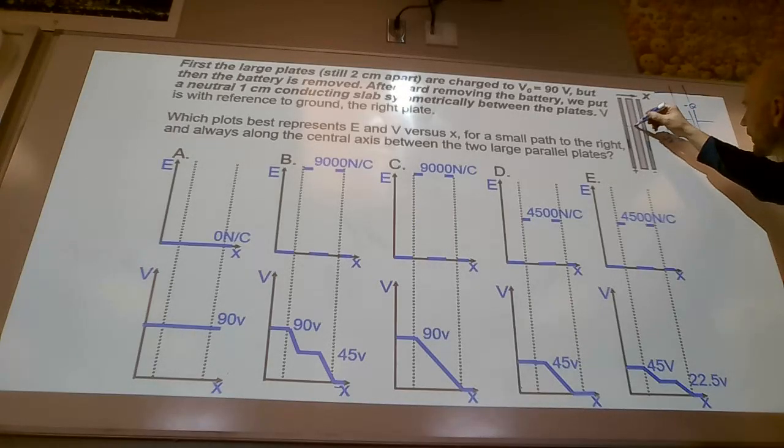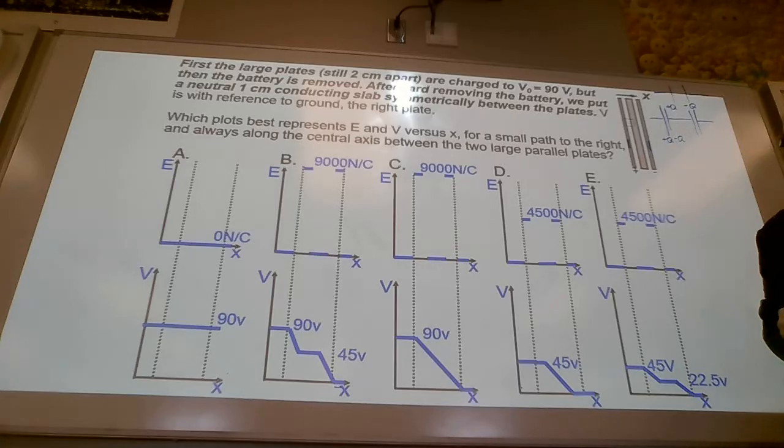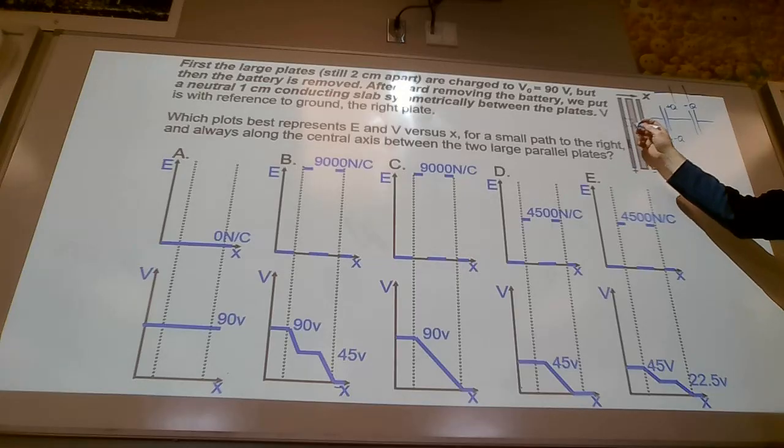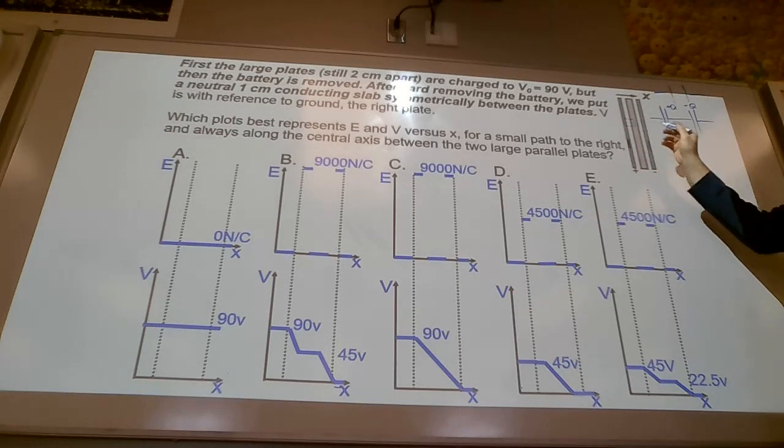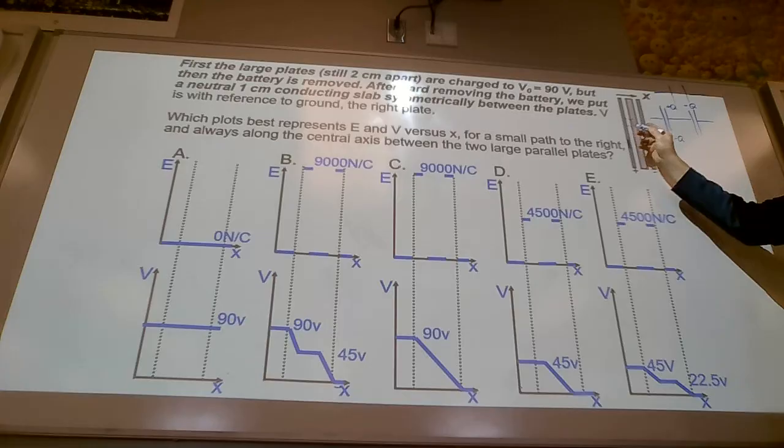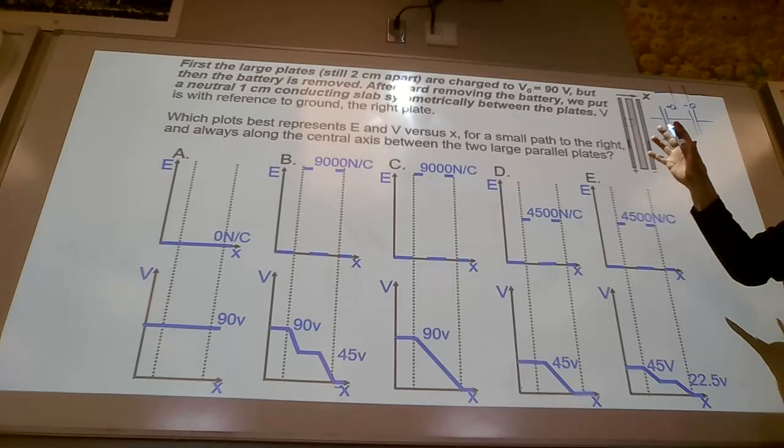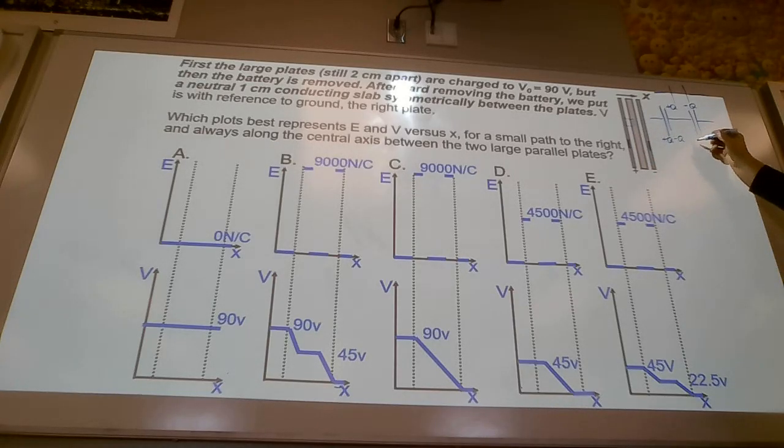And if you did a Gaussian surface in here, the flux is going to be zero. The enclosed charge needs to be zero. So whatever the charge on this surface was, this plus Q, is going to be equal to the negative Q on this metal surface there. And you can have the same conversation on the other side, which agrees with capacitors in series. The charge has to be the same in series.